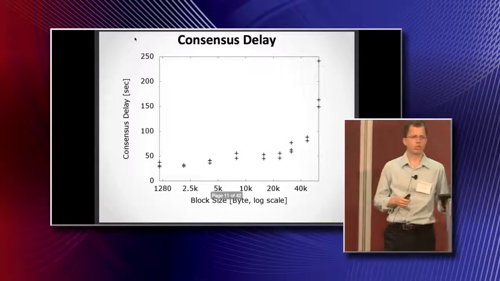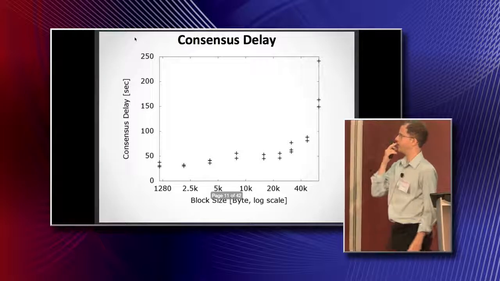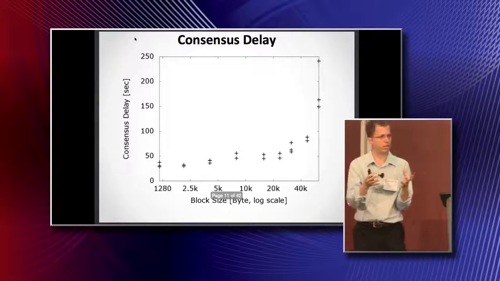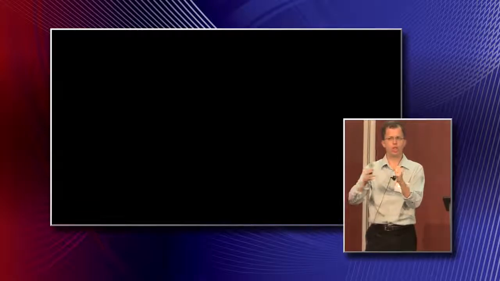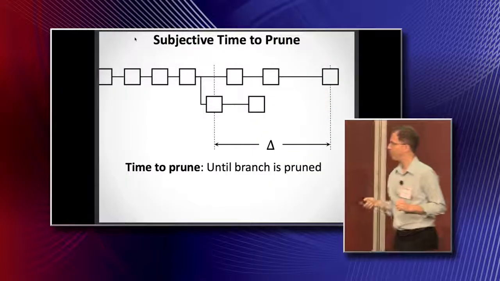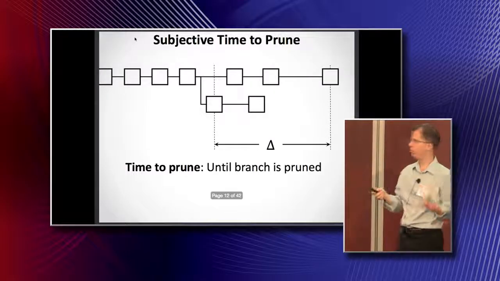The second metric is called time to prune. This is a subjective metric. As a participant in the system, I'm measuring the time it takes you to realize that you're sitting on a branch. So once you're sitting on a branch, how long does it take you to realize that the real chain is somewhere else? We obviously want this to be short.